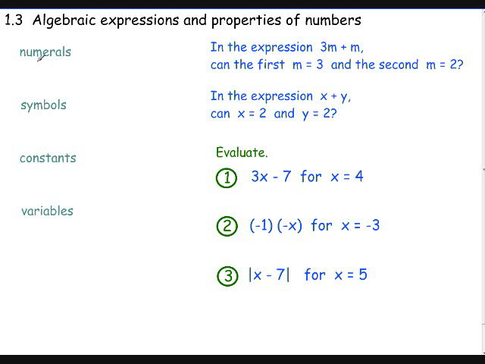Algebraic expressions, they're composed of numerals such as 1, 22, 107. They're also composed of symbols. We could have division symbol, plus symbol.